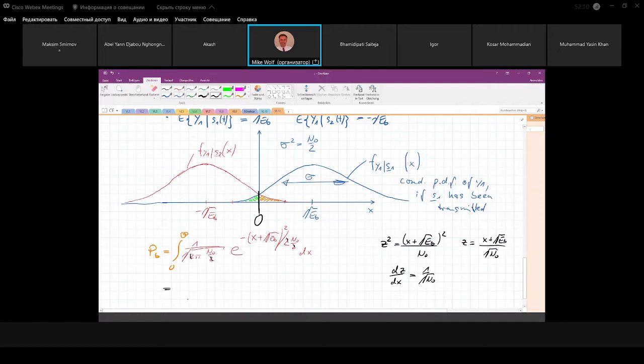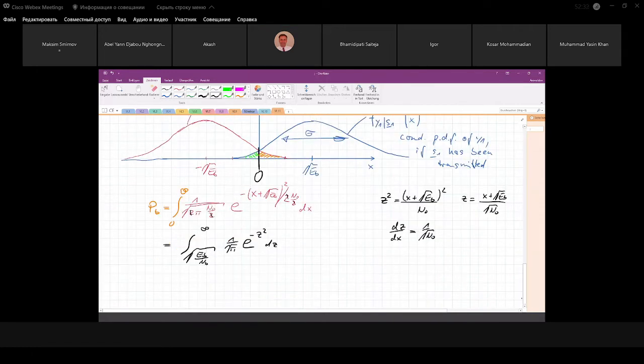If we substitute everything, we get the integral from square root of E by N0, due to this substitution of the integration variable, to infinity, of 1 by square root of pi times e to the power of minus z squared dz. So this is what we get. Then we can say this can be written as the complementary error function, because this 1 by square root of pi belongs to the complementary error function.